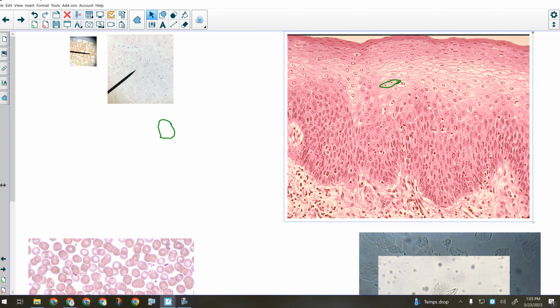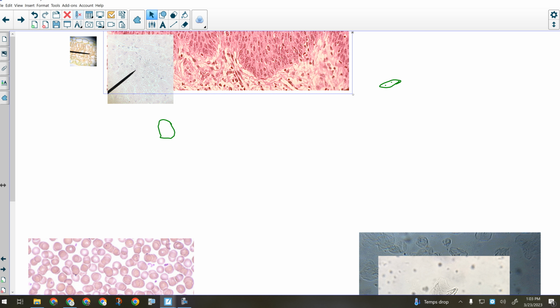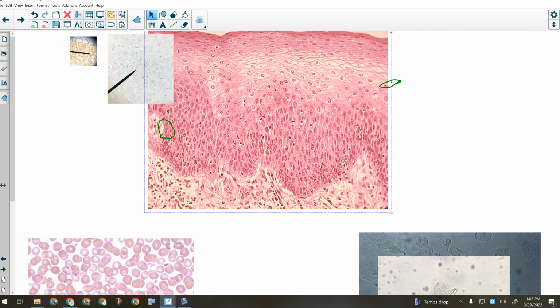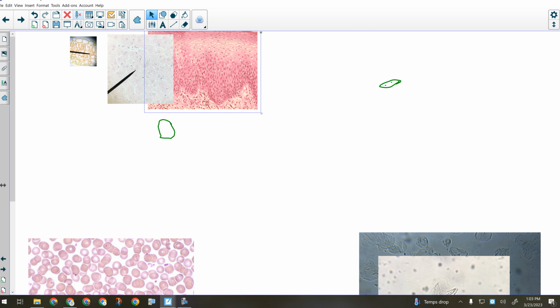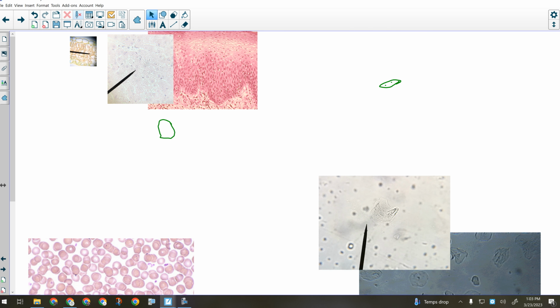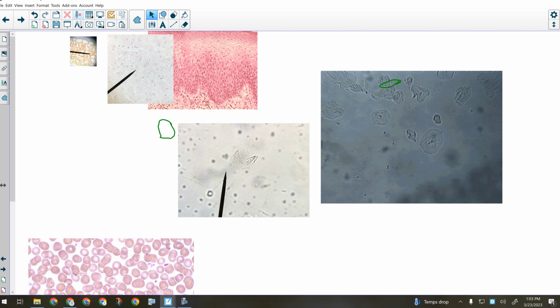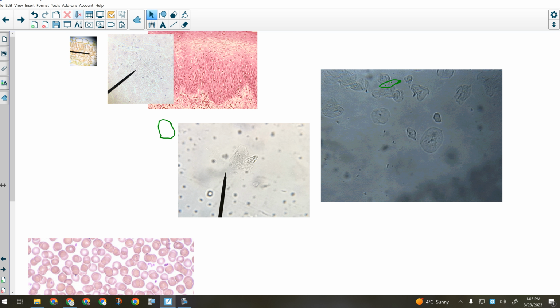We're going to take them from your cheek. You're going to get a Q-tip and swab the inside of your cheek with it, like they do on CSI, and you're going to get slime on there. Then you're going to smear it onto a microscope slide, like we did when we put the letter E on.